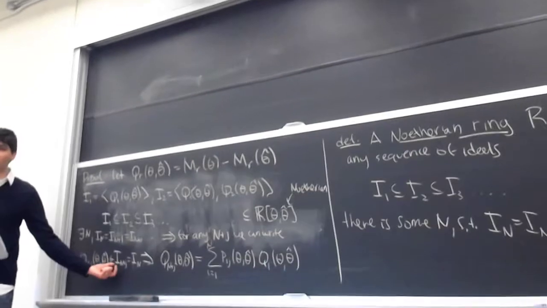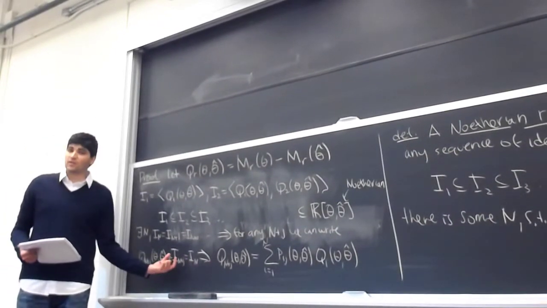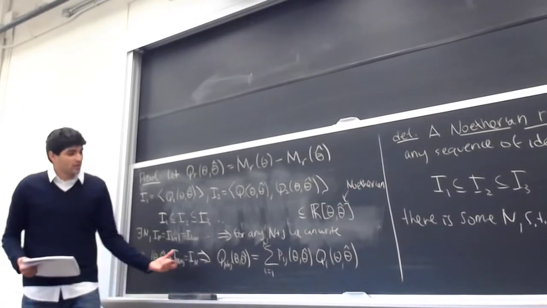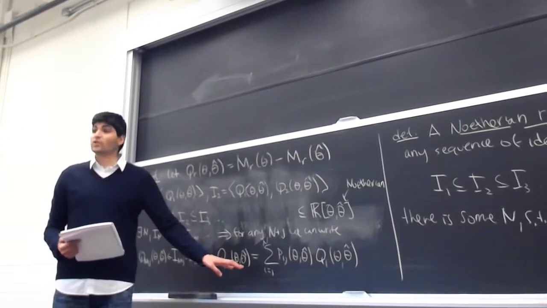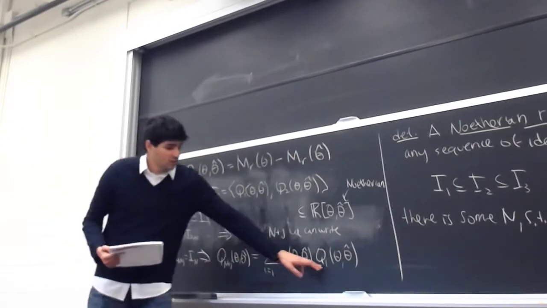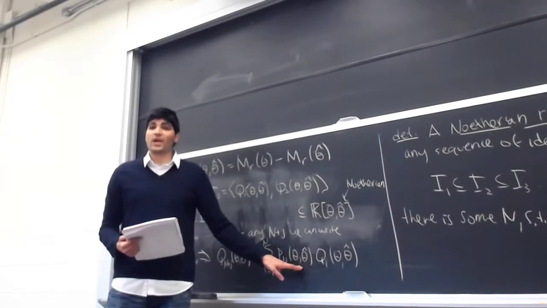So if it's in In+j, it's a generator, so it's certainly in that set. It's also in In because those two ideals are the same. So let's just explicitly write out what that representation is. These are the generators for the nth ideal, and these are just arbitrary elements of the ring.